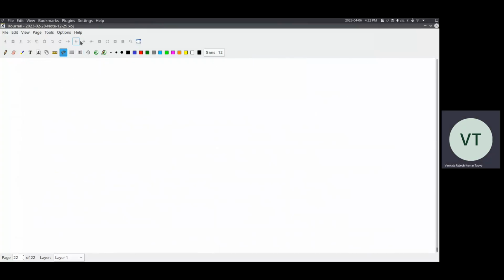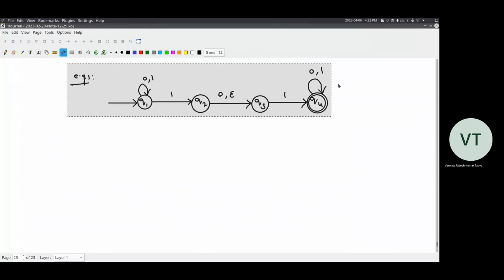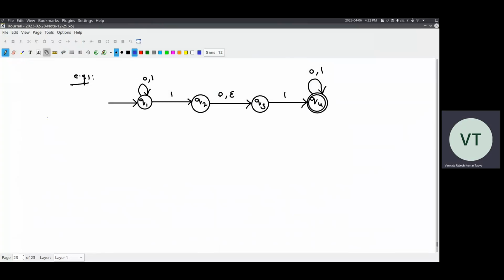But let me use the next page. So let's call this N1.